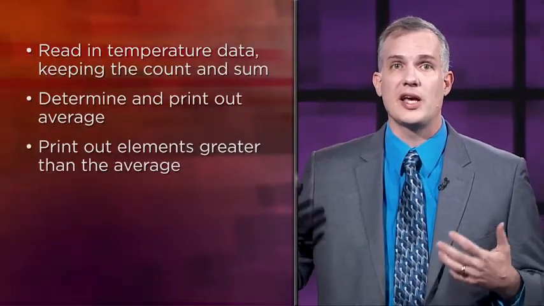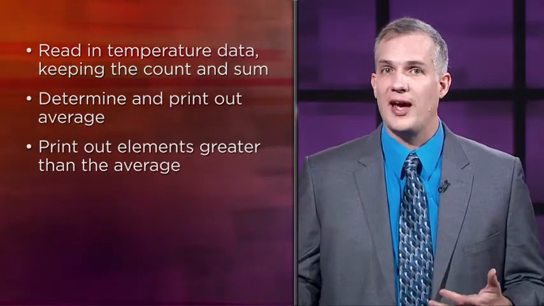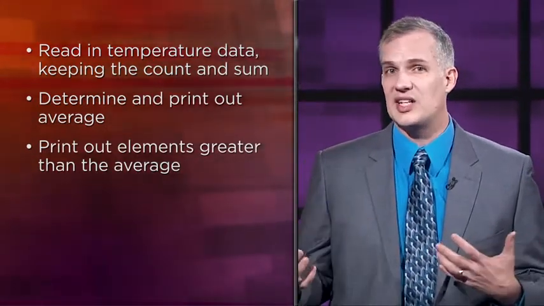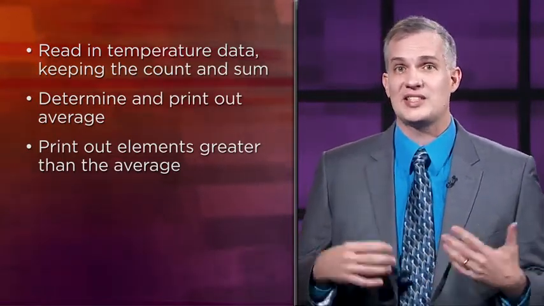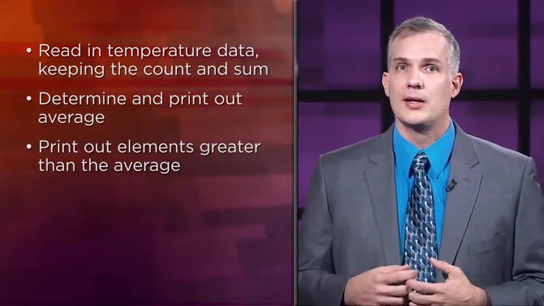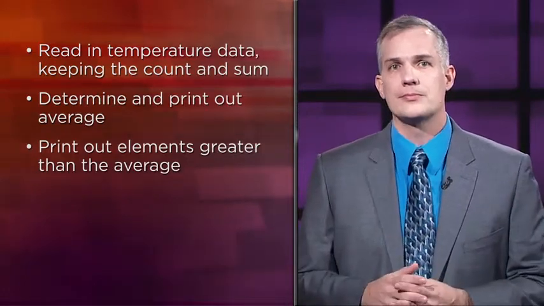First, we'll need to read in all of the temperature data. Since we don't know how many temperatures we'll have, we won't know the size of the array ahead of time. We'll have to pick a size that we think is plenty large. We'll also have to pick a sentinel value to let the program know when we're done entering data. In this case, that would be some temperature that no one would ever enter.